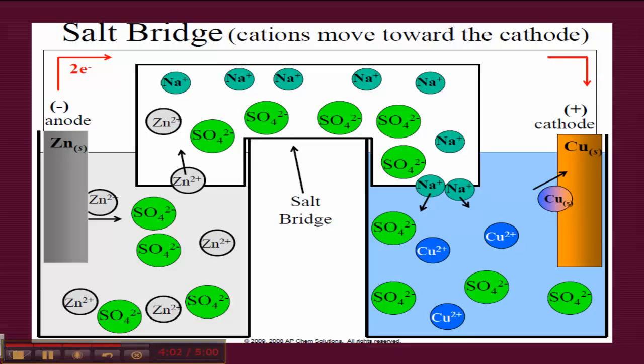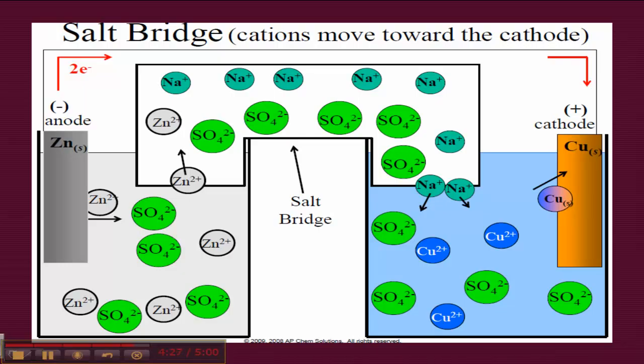This would have given the reduction half cell an overall negative charge, except for the fact that 2 sodium ions left the salt bridge and entered the reduction half cell. The salt bridge itself does remain neutral. It would have gained an overall charge of plus 2 when the zinc plus 2 ion entered from the anode, but 2 sodium ions, which are positive charge, left the salt bridge to enter the cathode at the same moment.